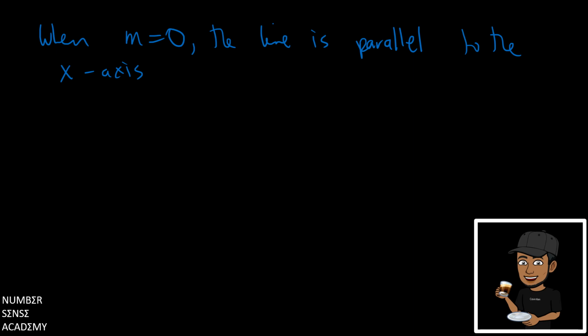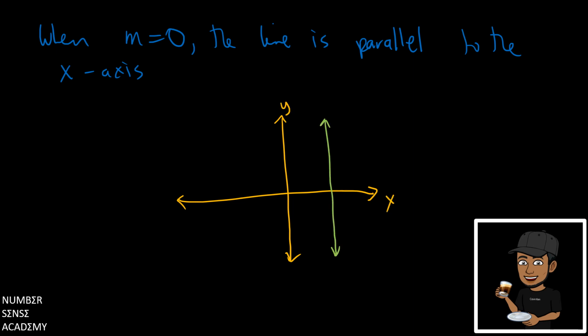Now there's another situation that we have to mention that's very important. What if you have, so we have y and x, what if you have a line that looks like this? So this is my line, call it L1. What if you have a line that looks like that? This slope m is undefined.